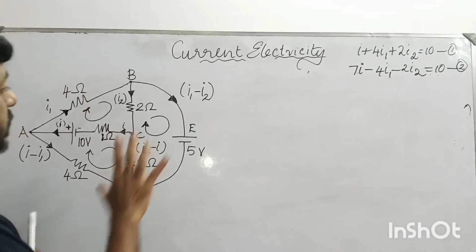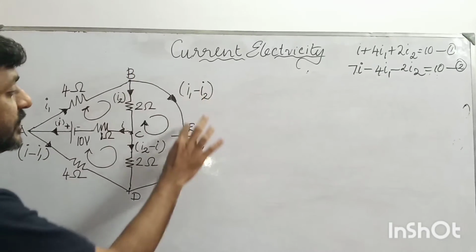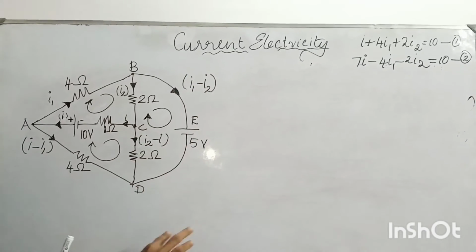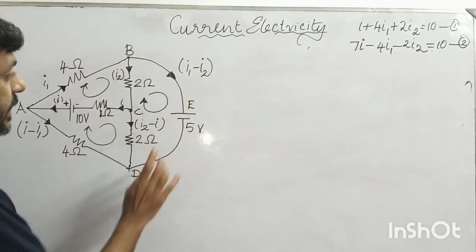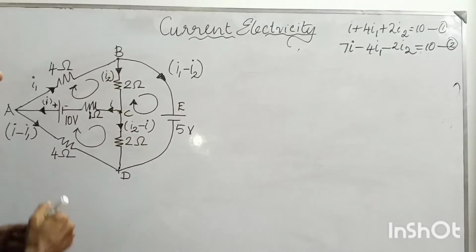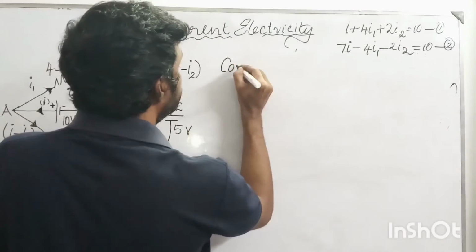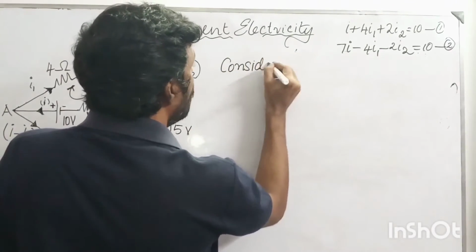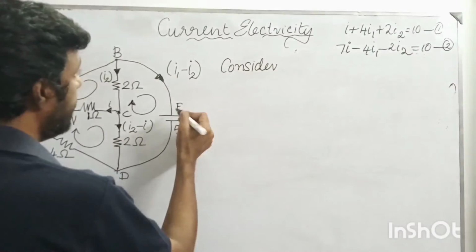So now the final part is you are going to consider the third loop, that is BEDCB. Now consider loop BEDCB.